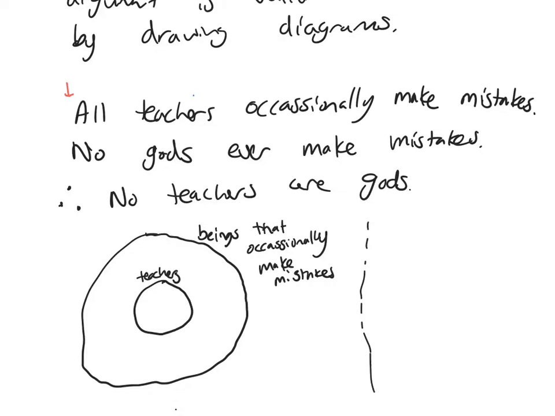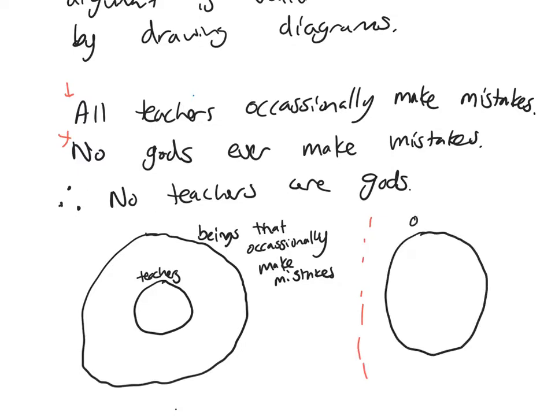Okay, so we're going to draw our second diagram here, representing our second premise. So look here. What is our second premise? No gods ever make mistakes. So my circle representing, I'm just going to write it shorthand, occasionally make mistakes.